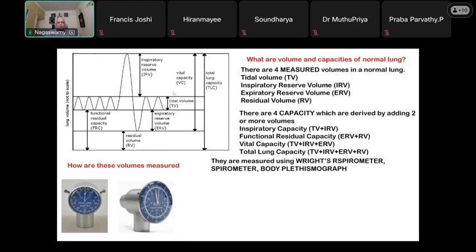So the combination of these three volumes, expiratory reserve volume, tidal volume, and inspiratory reserve volume, all three put together, is called vital capacity. This is very, very vital because your ability to cough and clear your secretions or prevent aspiration of foreign material into your respiratory tract will be powerful only if you have a normal vital capacity.